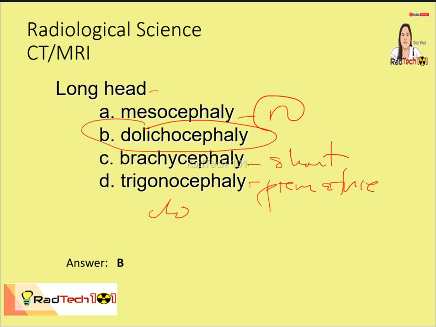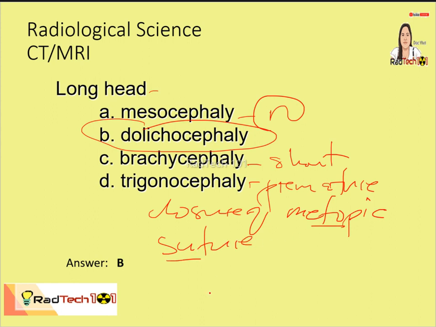When we say metopic suture, these are sutures that separate the two frontal bones.